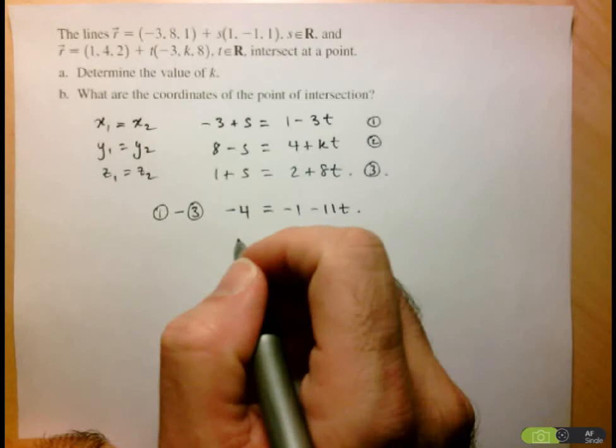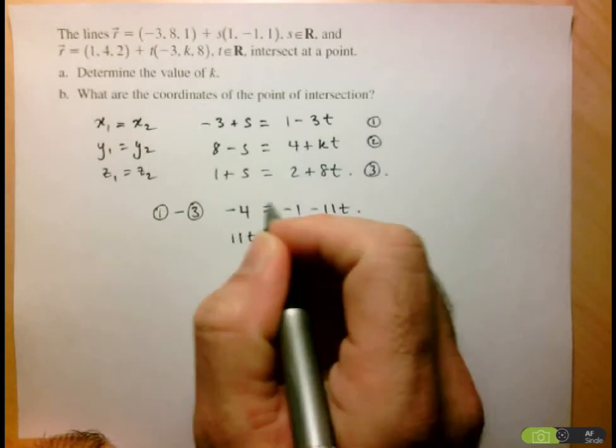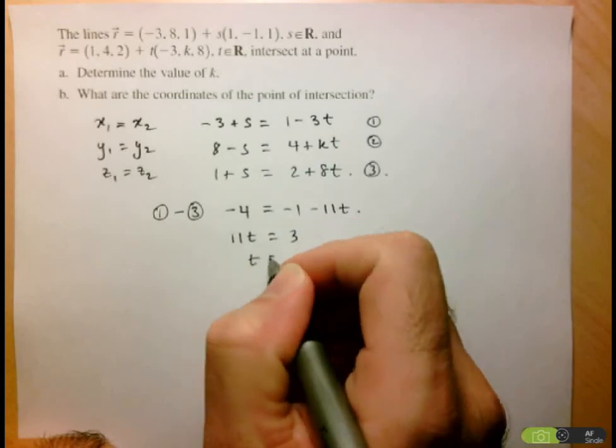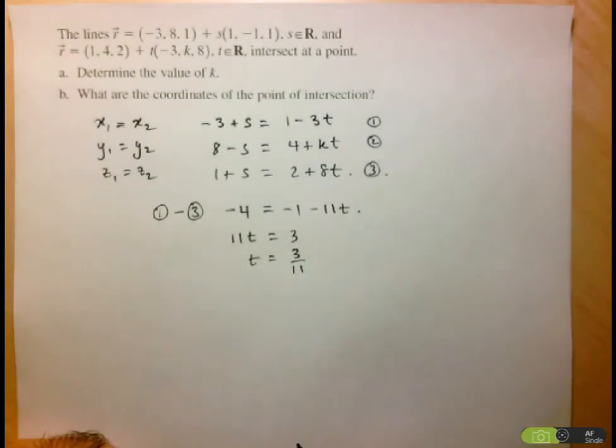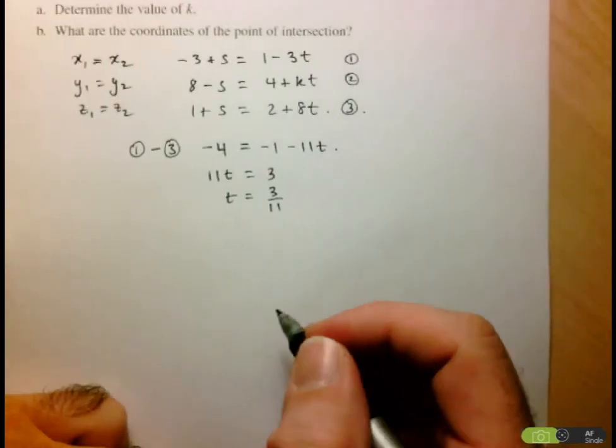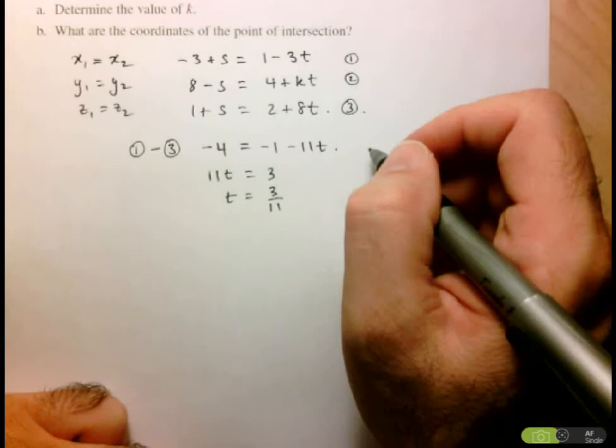So I'll bring the -11t to the other side, bring the -4 to that side, so -1 plus 4 is equal to 3, and so t is equal to 3 over 11. Then from there, I can now calculate the s value, so I'll take equation 1 to do that.